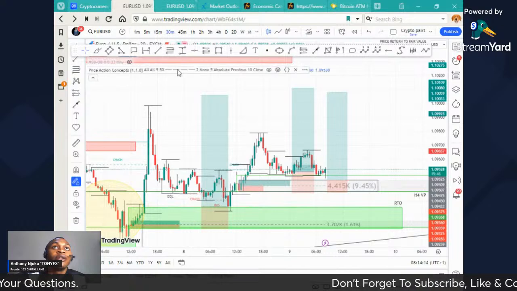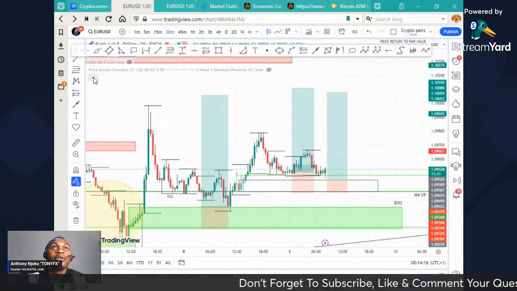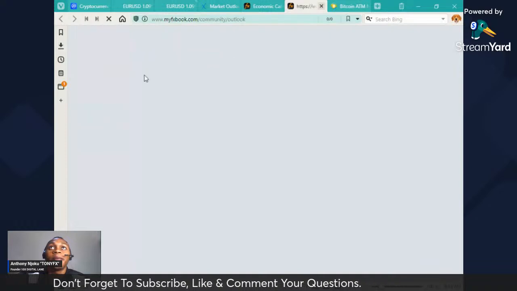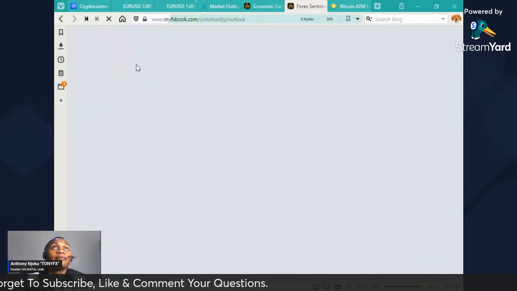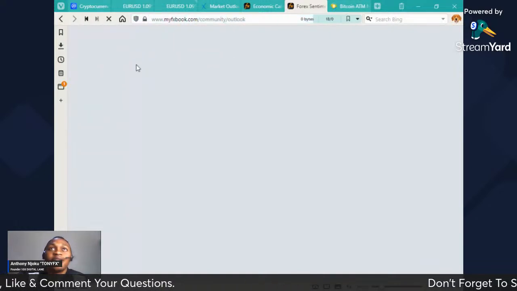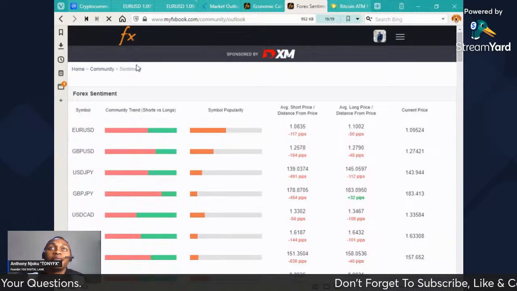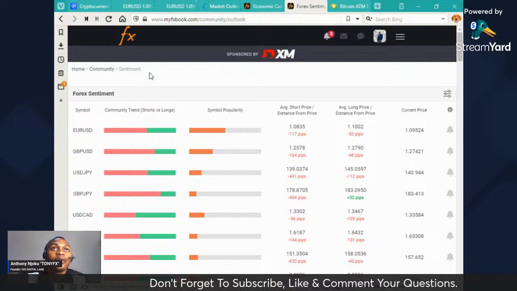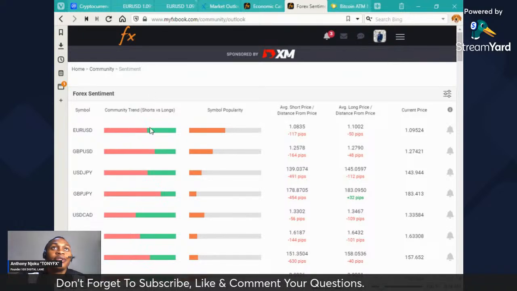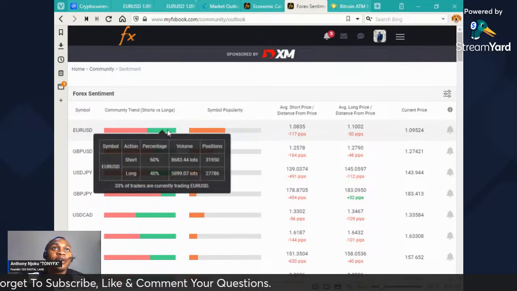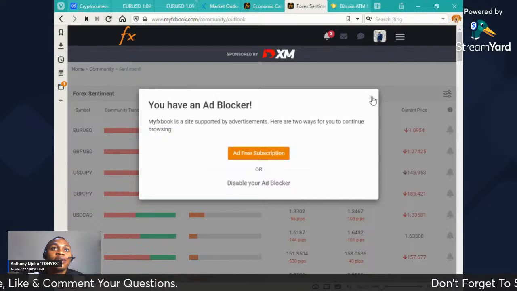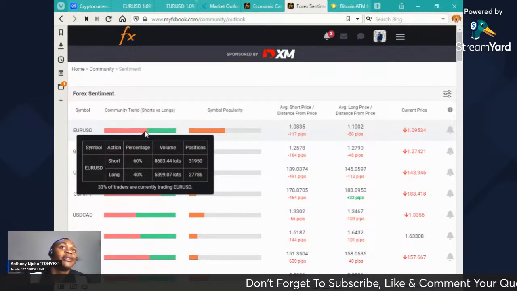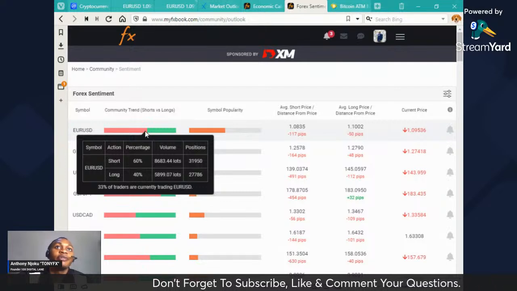Okay, so now let me check what sentiment is saying. Let's see what sentiment is saying. Okay, so based on sentiment, the majority is 60% short and the minority is 40% long.